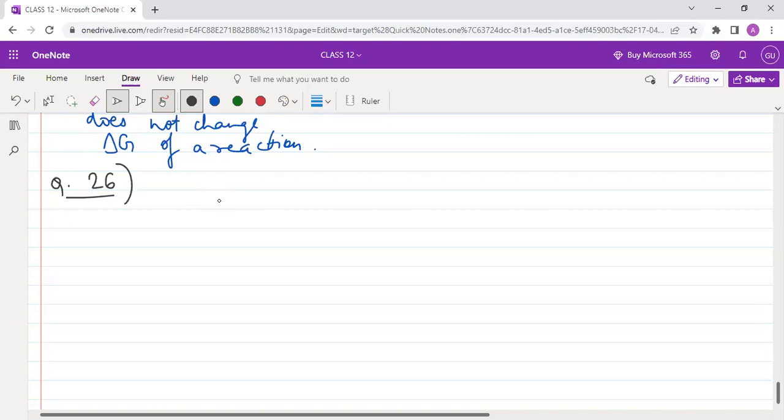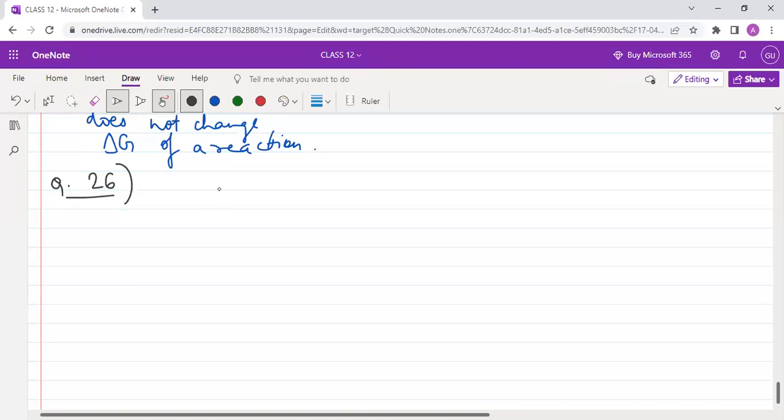We have just discussed. EA is activation energy. Okay, so you have to calculate the activation energy. Okay, fine. This one we'll try.